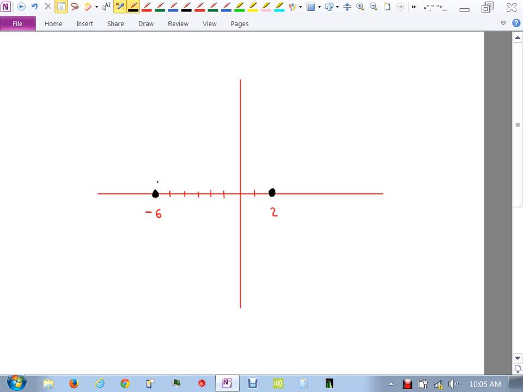Everyone agree? What's the next piece of information? Verticals, where are they? Negative 4 and 4. 3, 4. There's 4. Negative 4 is here.